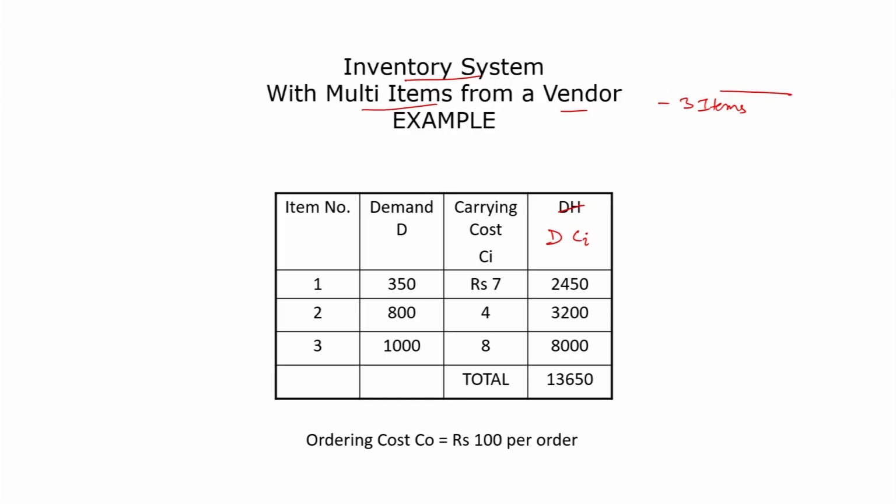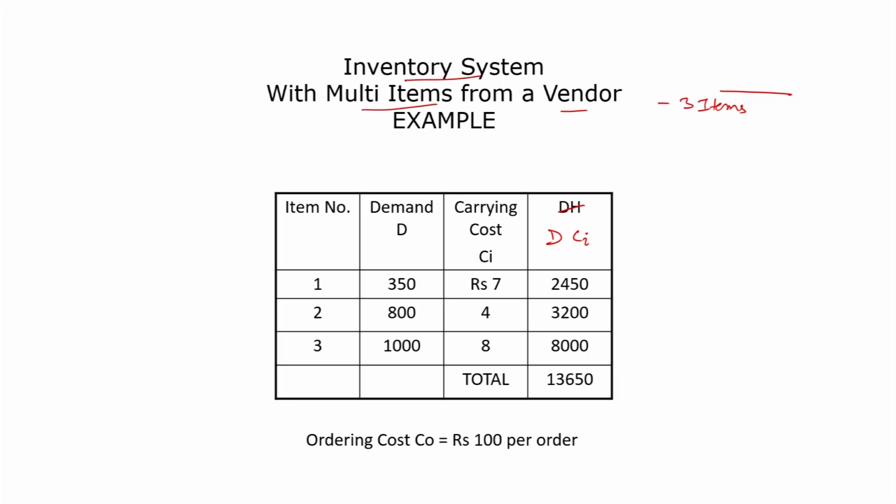Second case is you can have all 3 items coming together in one single consignment, and then you can have less number of trips also. The total ordering cost and inventory cost can be reduced if we can take a joint decision about these 3 items or more. Many times for ancillaries etcetera, you are getting 20, 30, 40 items from one single vendor.